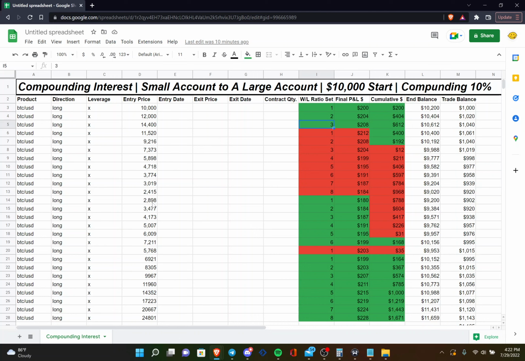The reason why I decided for every trade to be 20%, because I want you to see that in the most hectic, volatile market you could imagine, compounding interest, this tool protects you and exposes you to both. It protects you from downside and exposes you to the most gains you could possibly get to the upside.